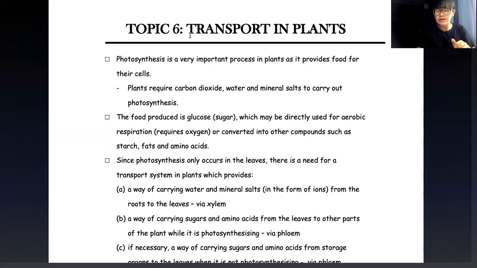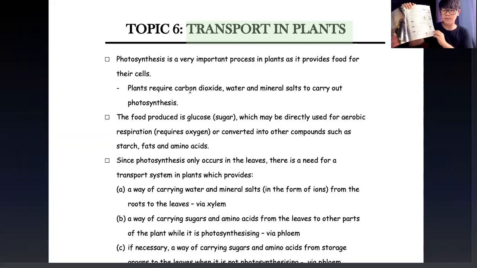So that's what we're dealing with today. We're going to look at the transport system in plants. By the way, if you take out your textbooks as well, I've brought my textbook with me. Turn to page 171, your yellow textbook. This should be what you refer to as well, whilst I'm explaining.